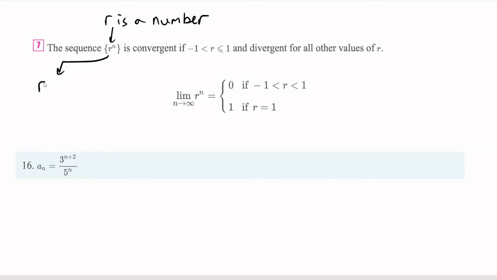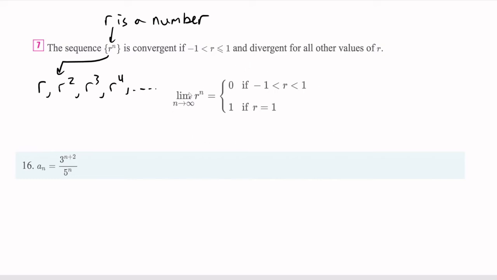Always draw it out. R squared, r cubed, r to the 4th, ... If you do this, power, another power, then we can say it will be convergent if r is between -1 and 1. It's divergent for everything else.